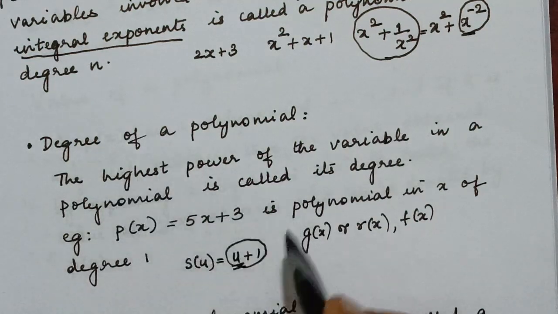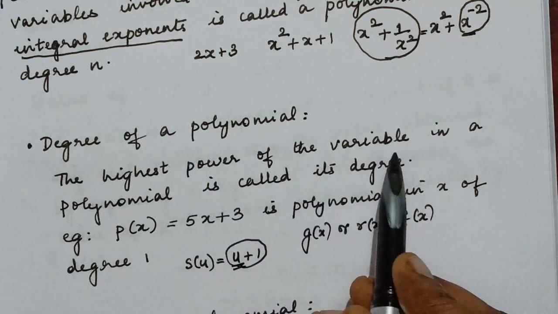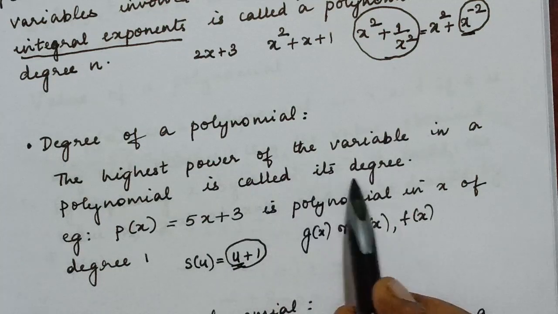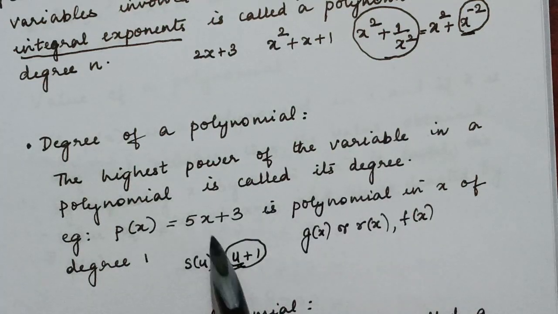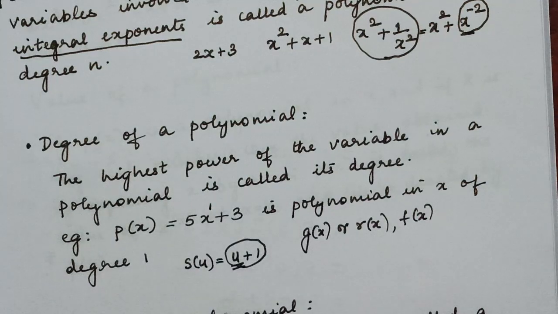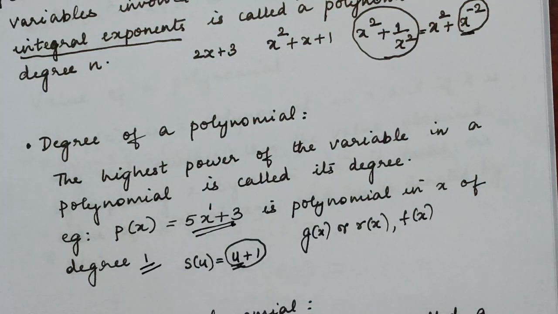So the degree of a polynomial means the highest power of the variable in the polynomial. Here the highest power is 1, so the degree of this polynomial is 1.